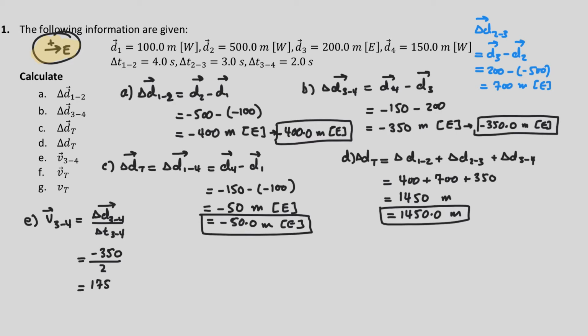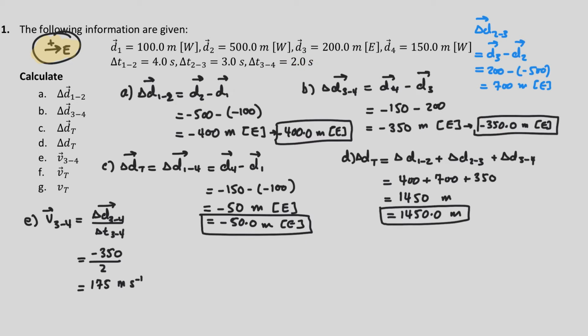175, and my unit is going to be meters per second, because my distance or displacement is in meters and my time is in seconds. Now, I can see that when I made that division, my value here for the displacement was in 4 significant figures and my time was in 2 significant figures.